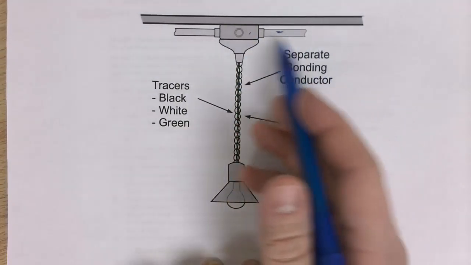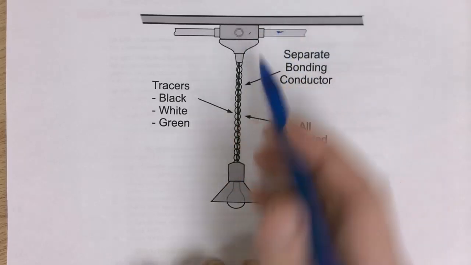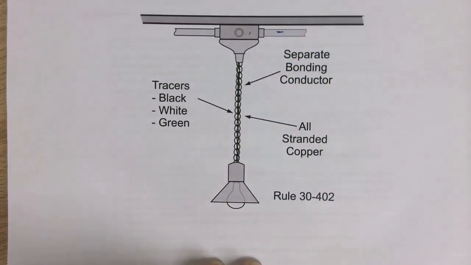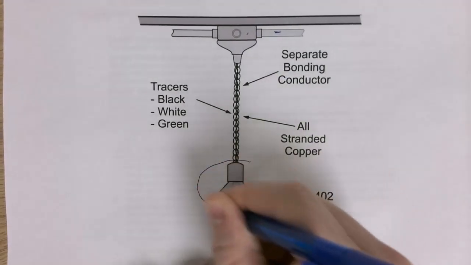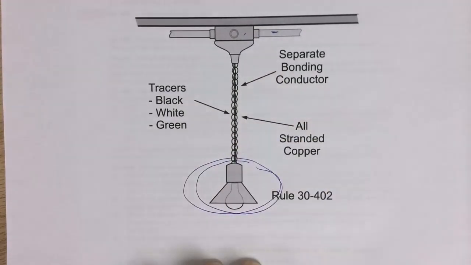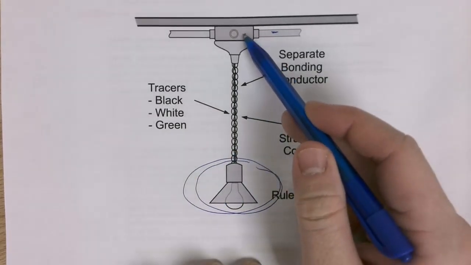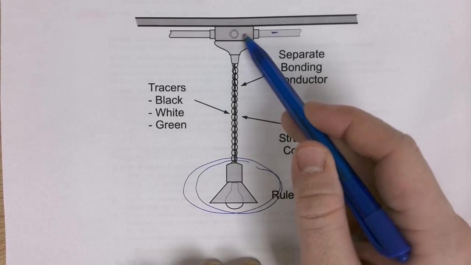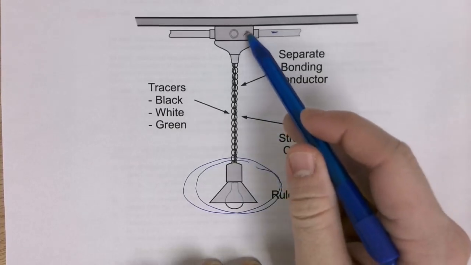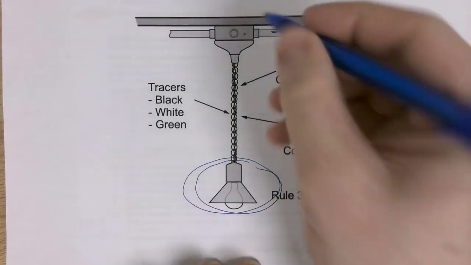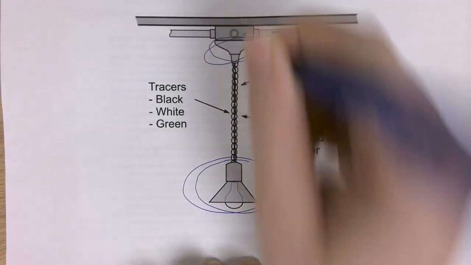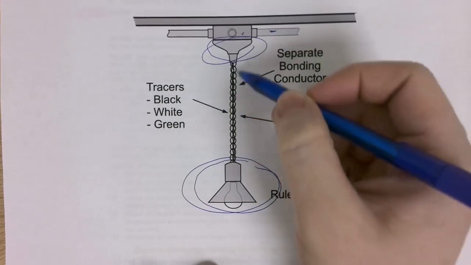Maybe there's a separate bonding conductor pulled in. Don't care. It just has to be bonded somehow. But this down here is not a low impedance uninterrupted path to this box up here that is bonded. This part of it is bonded, but down here has these loose chains.